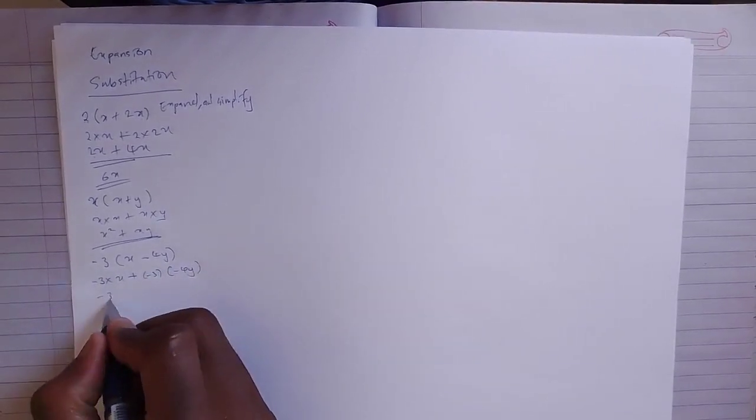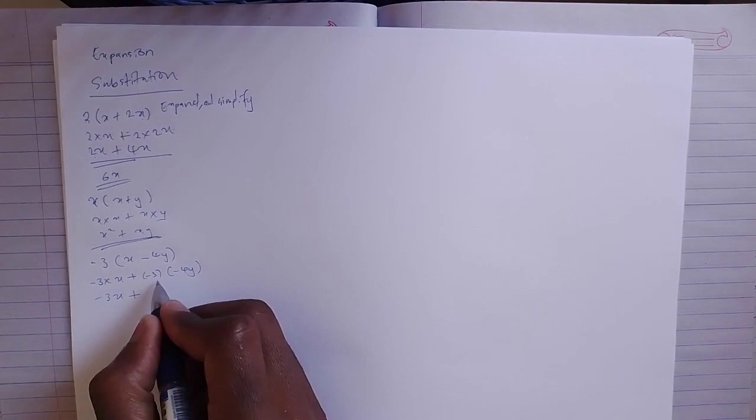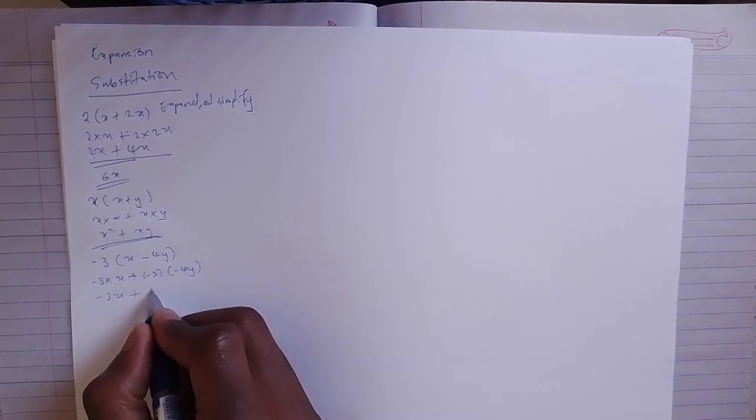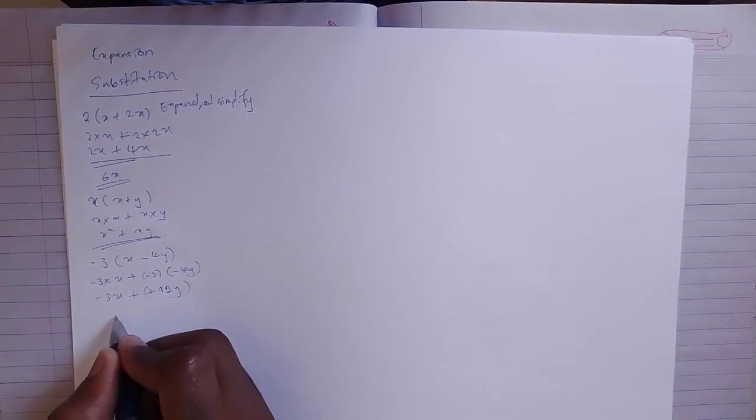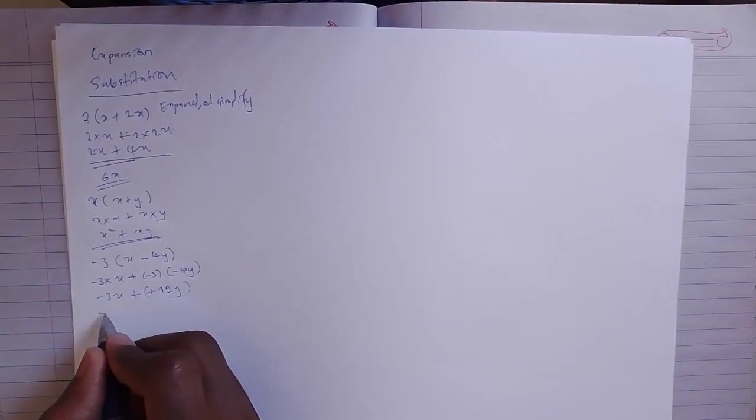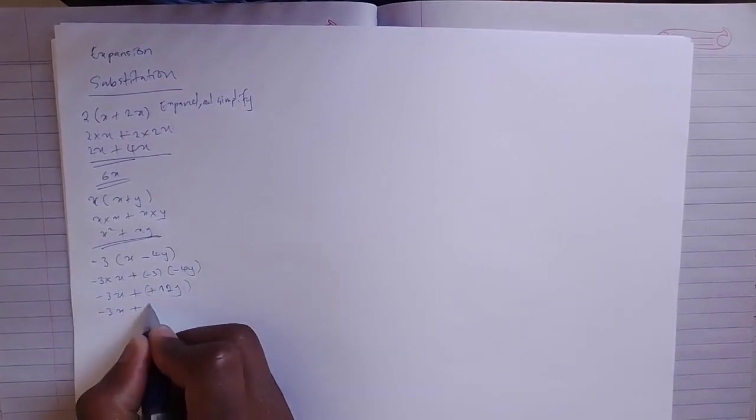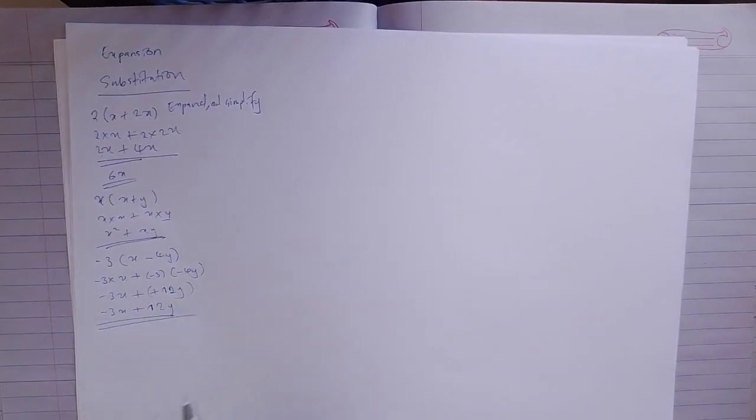Then this times this is -3x, plus this times this is positive 12y, because a negative and a negative give us a positive, so it just becomes plus 12y. This is us expanding this. So expansion is a very simple thing, and we have learned about the first part of expansion.